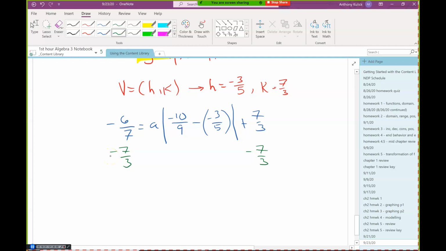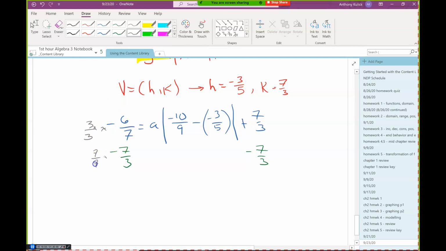But to subtract 7/3 from negative 6/7, I need to have a common denominator. Right? To add or subtract fractions, we need a common denominator. If I look at the fractions 6/7 and 7/3, what would the common denominator be between those two? 21, right? So we'll multiply negative 6/7 by 3/3.